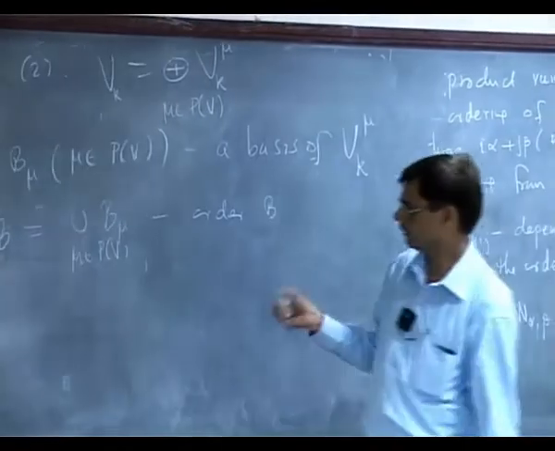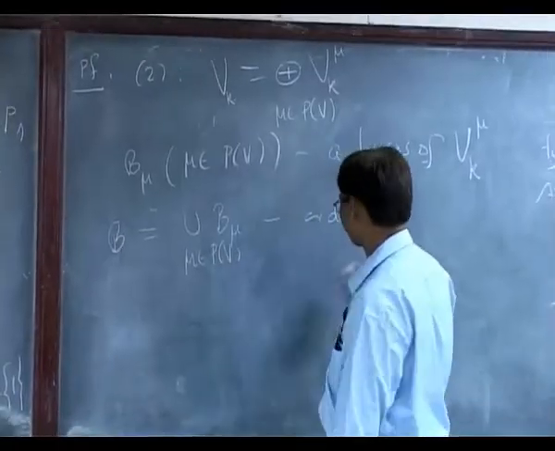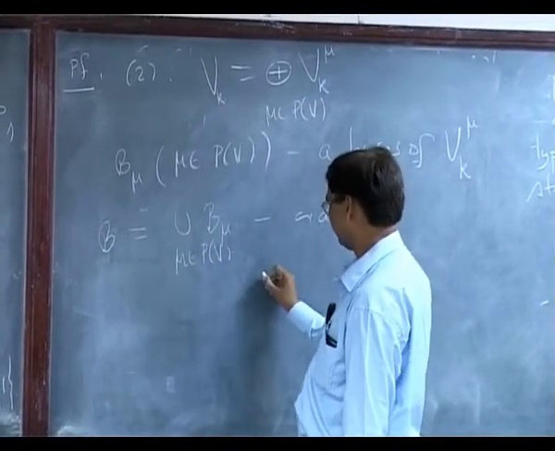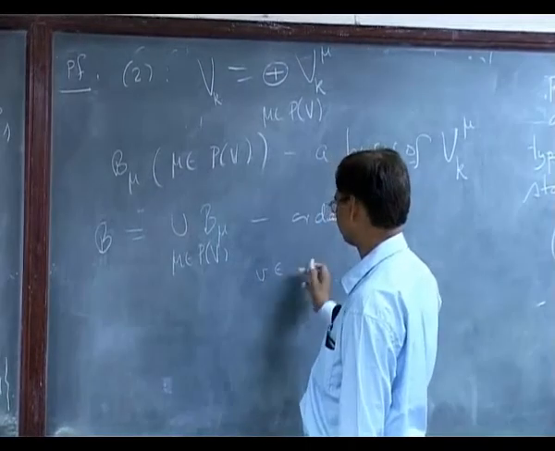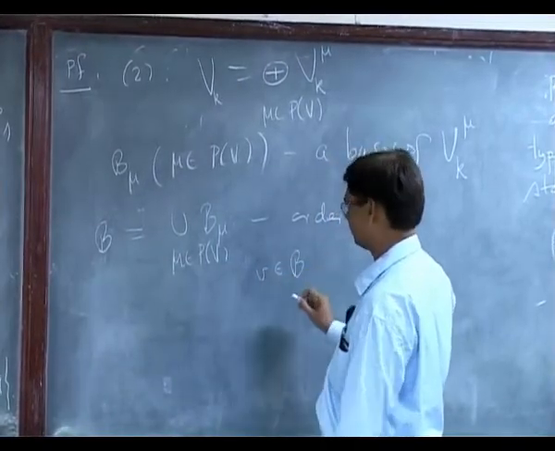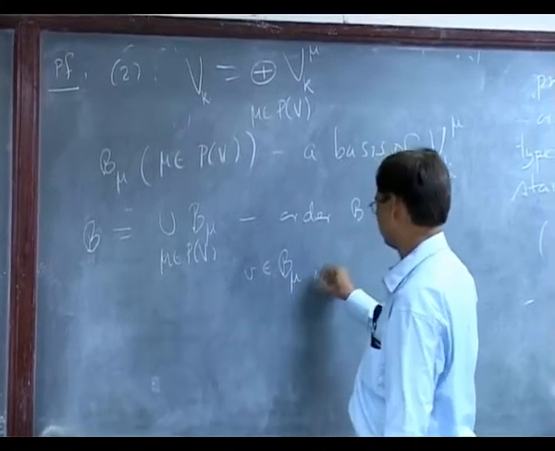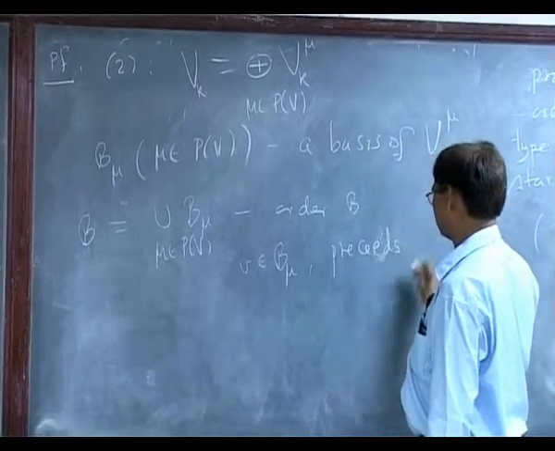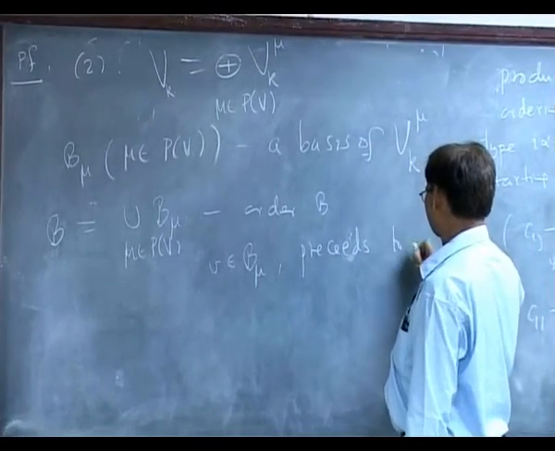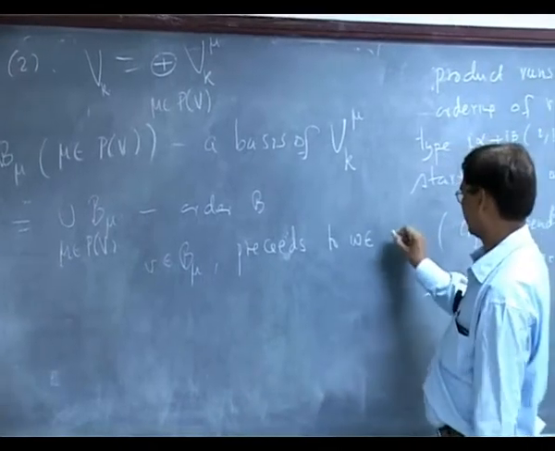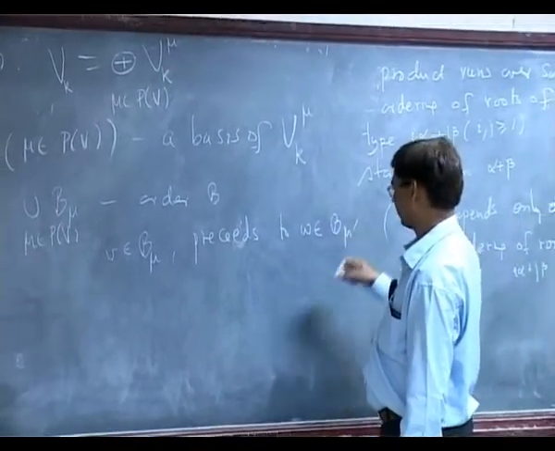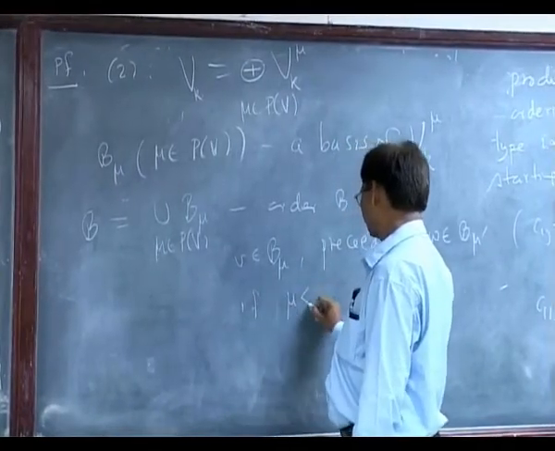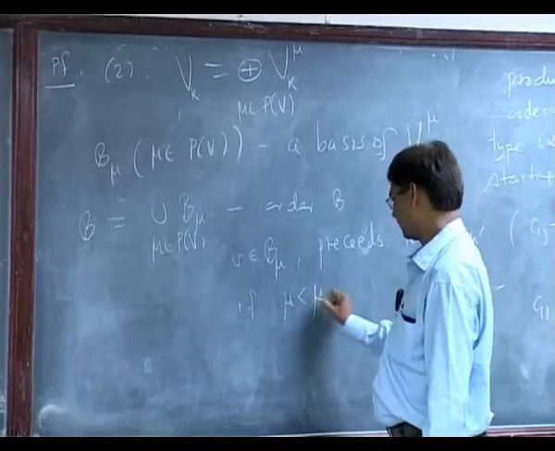Suppose some element v inside B_mu precedes some element w inside B_mu prime if mu is strictly less than mu prime.